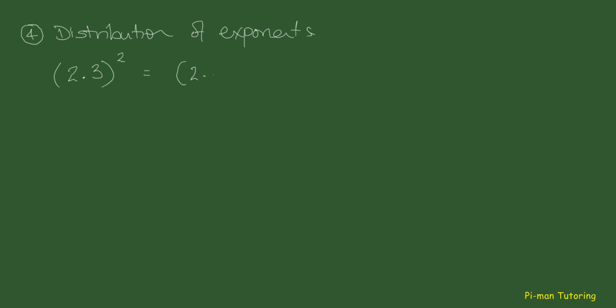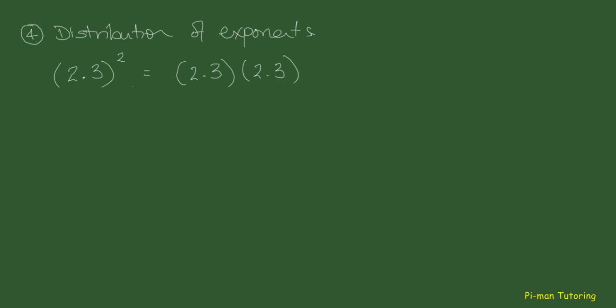Let's now look at how we distribute exponents. Say, for example, we have 2 multiplied by 3, and we're looking to square that. So when we square something, we multiply it by itself. So let's just leave what's in the bracket alone for a second.